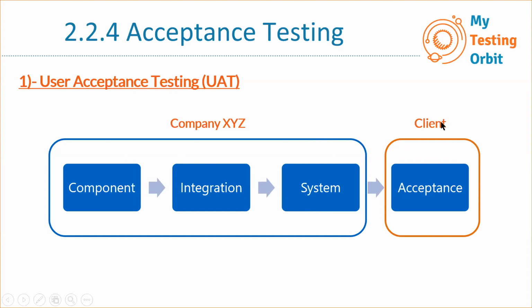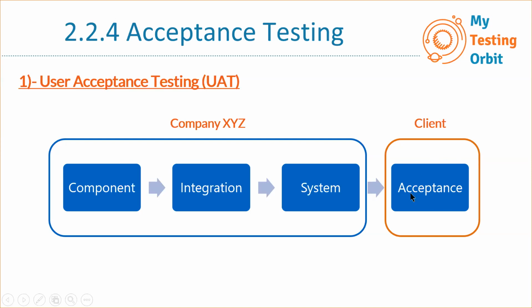Now over here at the client end, the client will go through the system and do acceptance testing, because this is the point where they will check whether the company built the system according to the requirements they gave. Based on that, the acceptance testing will be carried out.